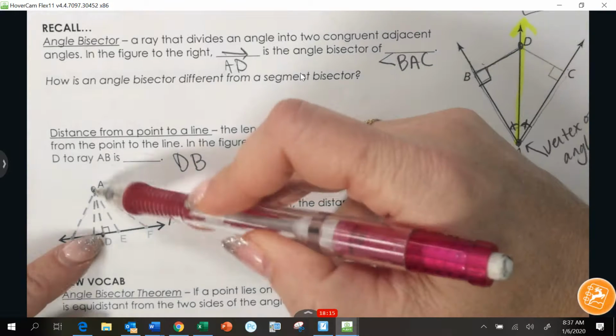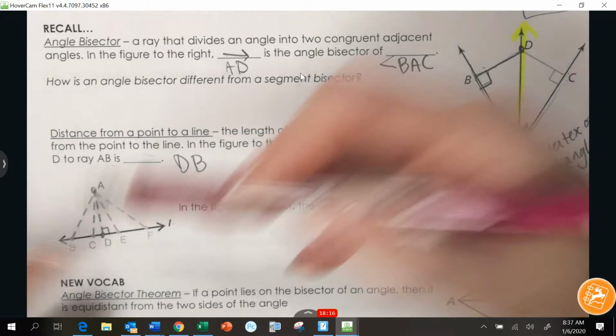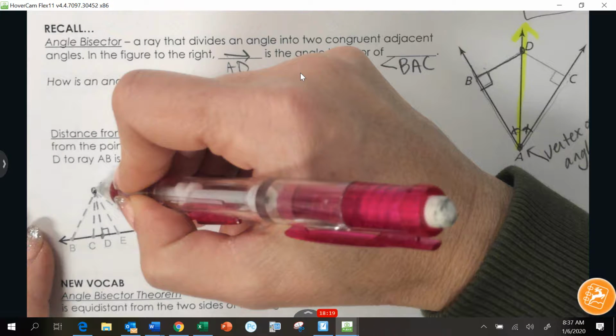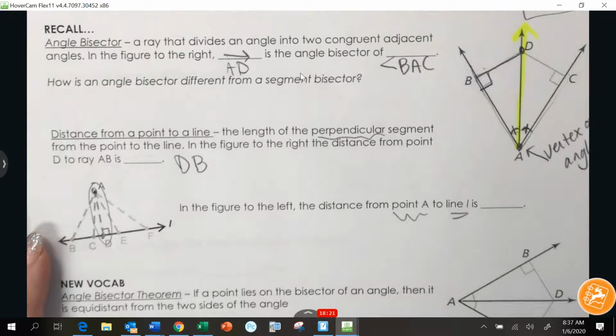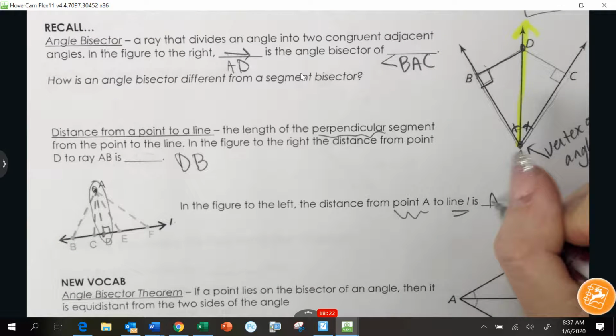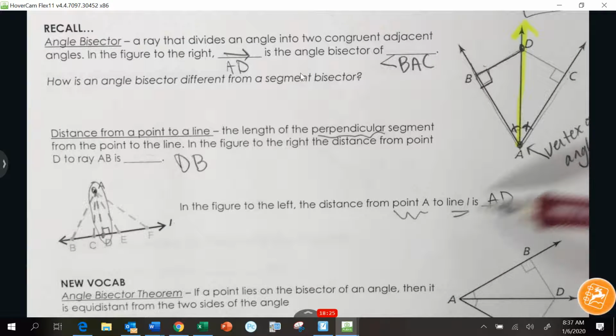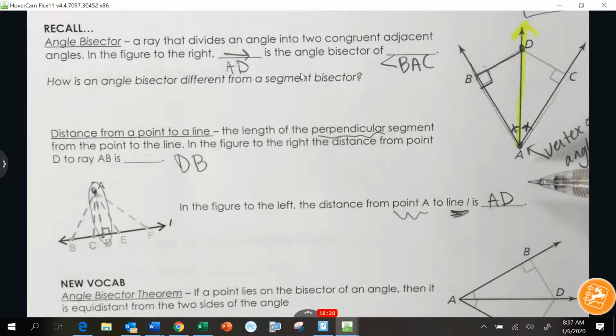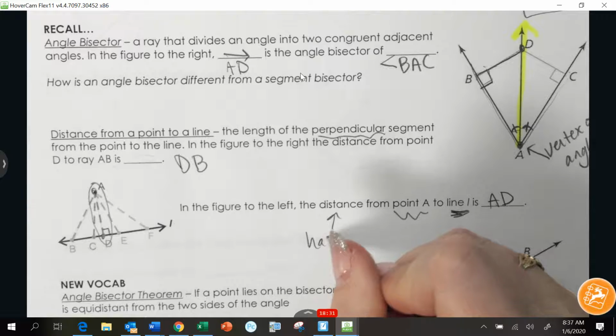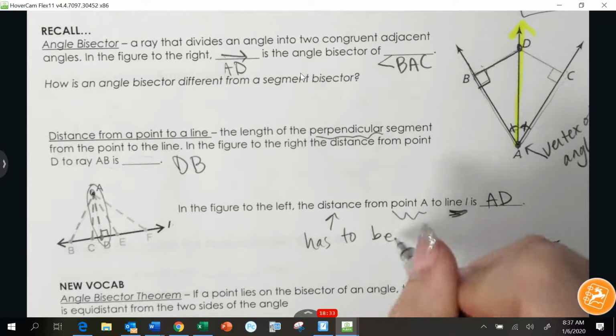From A to D would be the distance, because that's the one that's perpendicular. That's how we know. So I'm going to write AD, and I wrote it without a line above it because it's the distance. So distance has to be perpendicular.